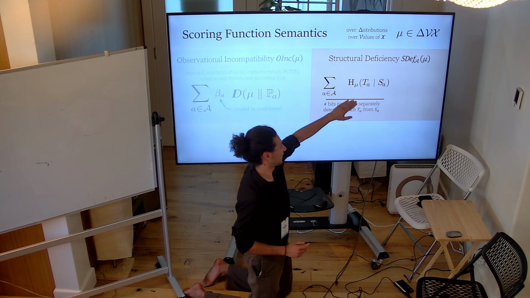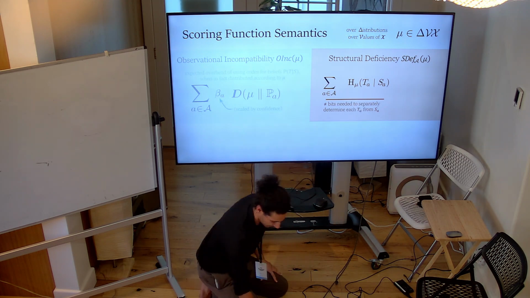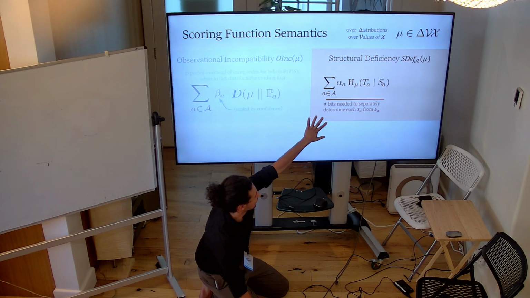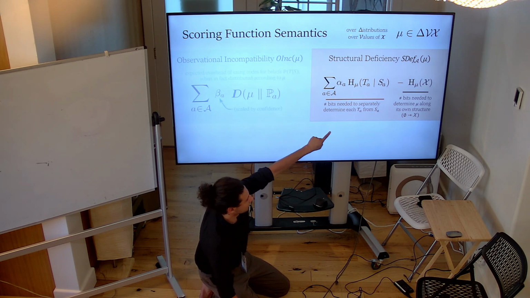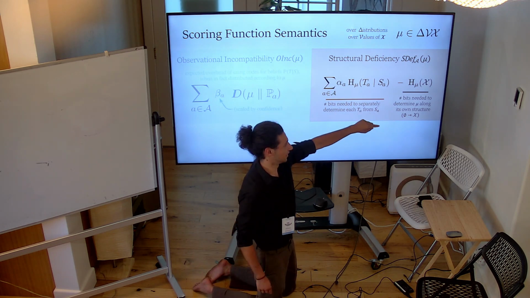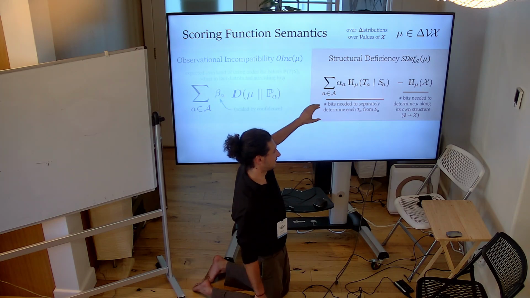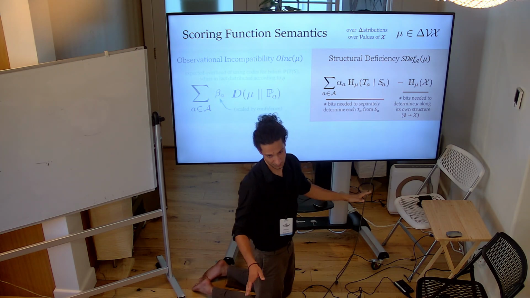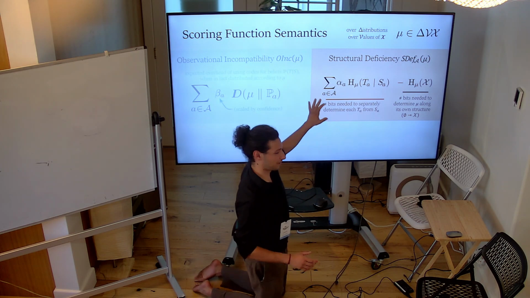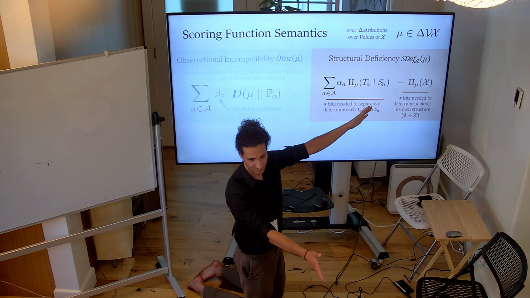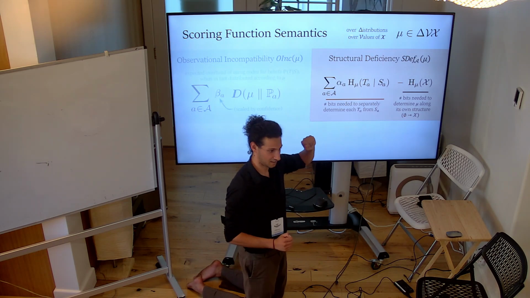So you think the targets are mostly determined by the sources, and you're going to pay for any information that's left, weighted by alpha, for the same reason, for symmetry. But you're also going to get credit for overall noise in the system. It's the difference between the number of bits needed to separately determine each target from its source and the number of bits needed to determine a full sample overall. If this causal picture was correct, then these numbers would be the same, right? You could just go along your hypergraph and determine all the numbers, and that would be the same thing as just generating a sample.